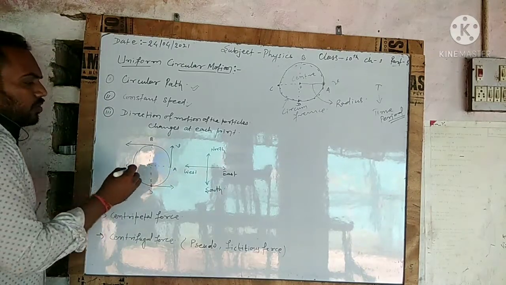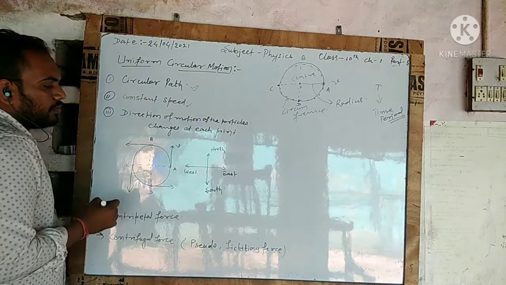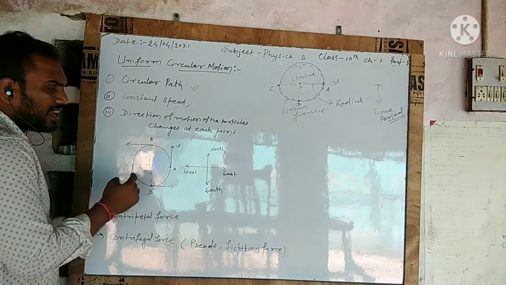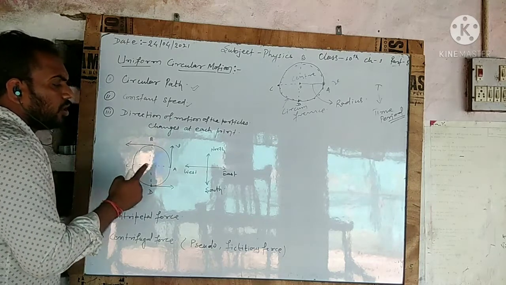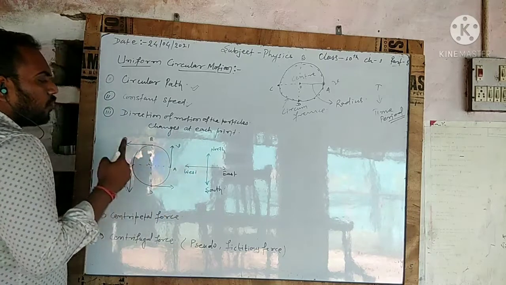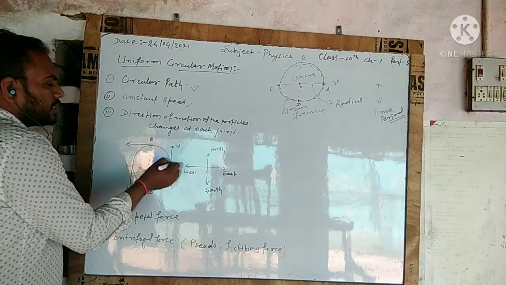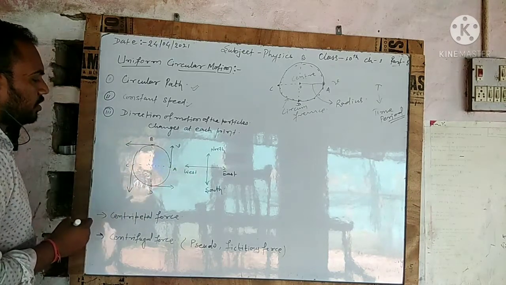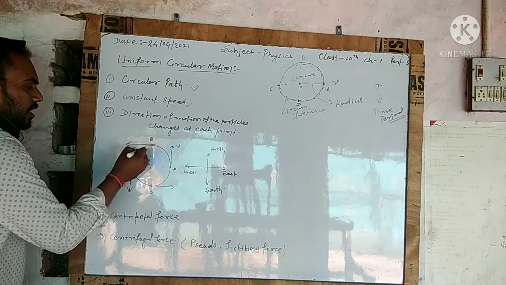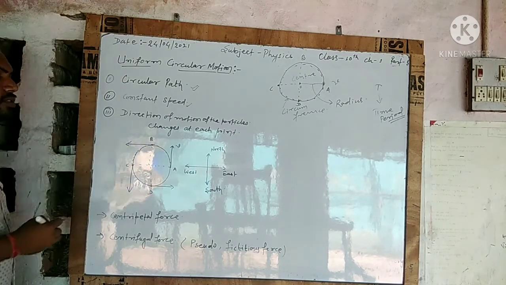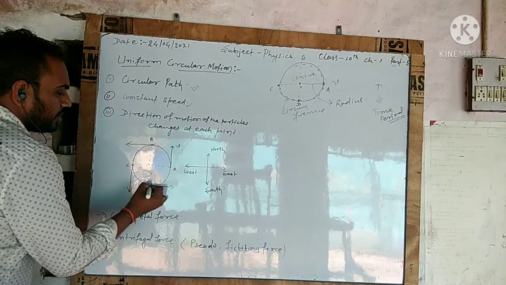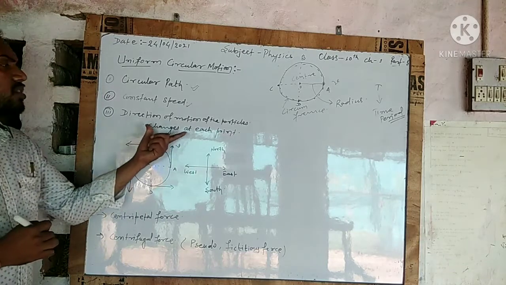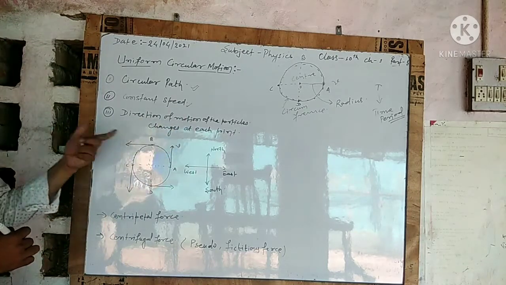At point A the direction of motion of the object is north, when the body reaches point B its direction becomes west. After reaching point C its direction becomes south, while at point D its direction becomes east. So the direction of motion of the particle changes at each point.